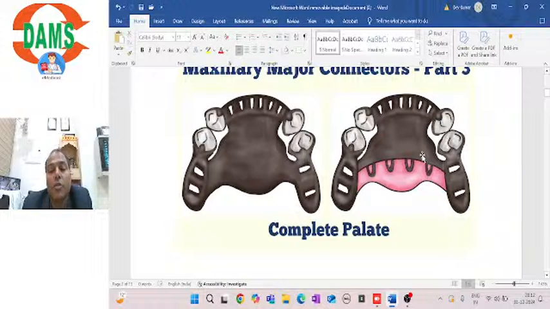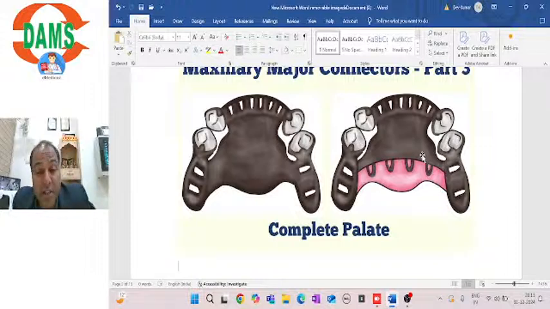Also you require complete palate when there is a parafunction, when there are natural opposing teeth, when masticatory dynamics is required. In such cases you can give your complete palate major connector, but the major indication is a cleft in the palate, so as to stop the oroantral communication.